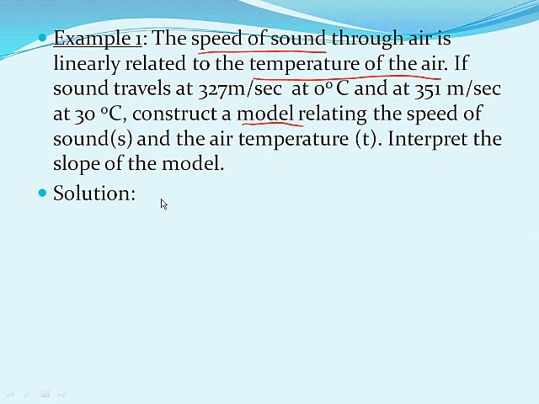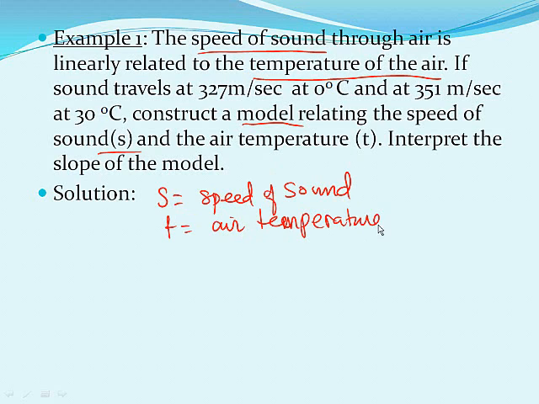So we have the variables here. S equals speed of sound. It's already given here. And T is the temperature, air temperature. Variables are already selected for us. So we have to construct a linear model relating S and T.